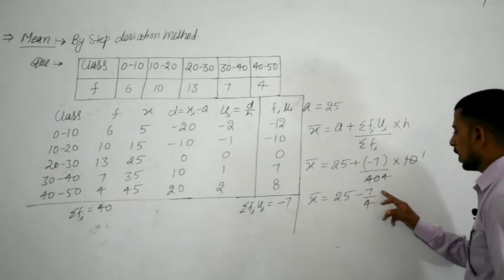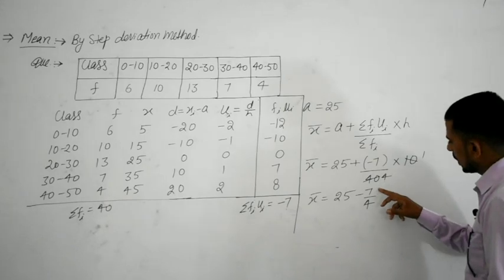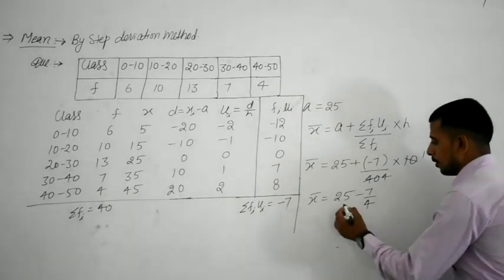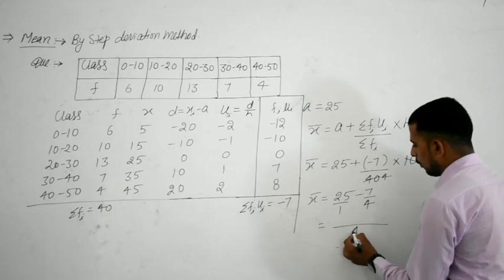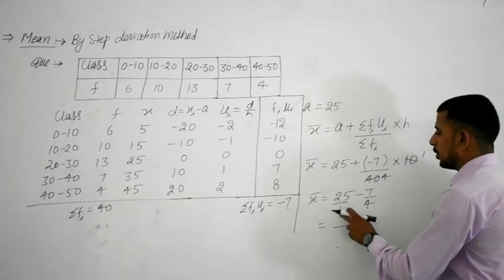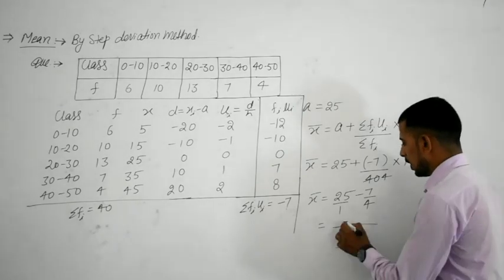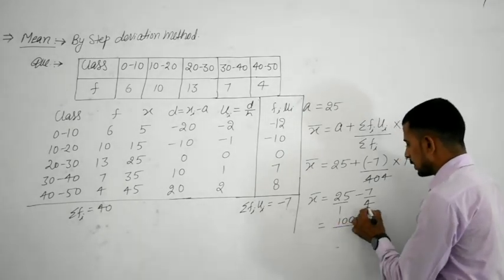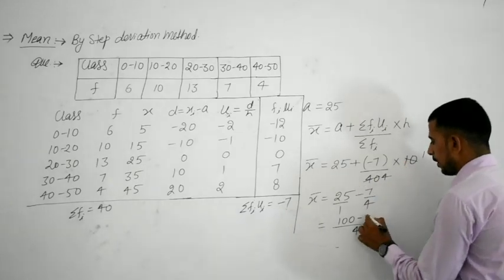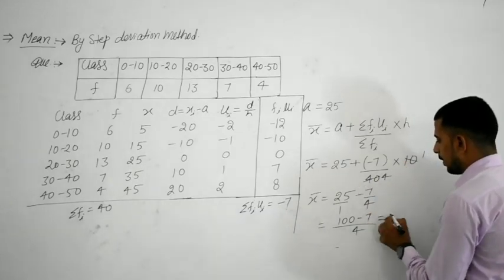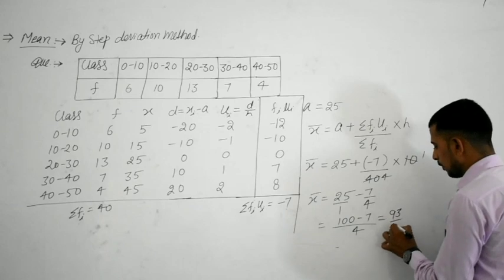Now you can divide 7 by 4 or you can solve by the LCM method. 4 and 1, LCM is 4, 4 divided by 1 is 4 times, 4 into 25 is 100, minus 7, 93 upon 4.